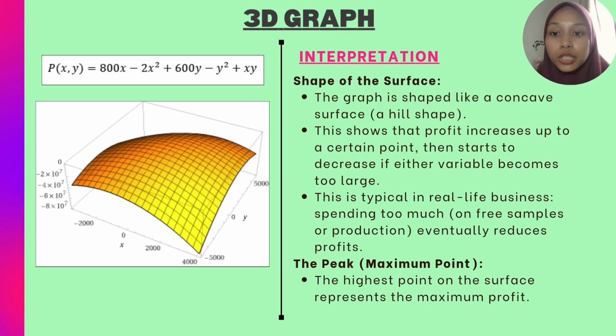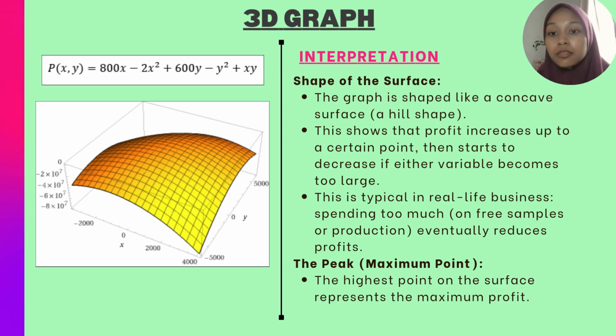Based on the equation that I have chosen, I have generated a 3D graph from Wolfram Alpha software. From this graph, we can see that the graph is shaped like a concave surface, like a hill shape. This shows that profit increases up to a certain point, then starts to decrease if either variable becomes too large.